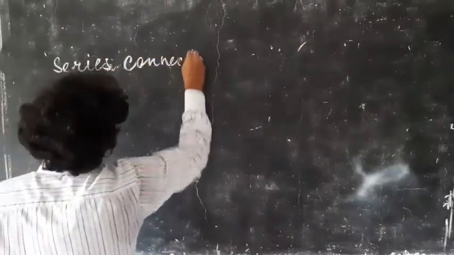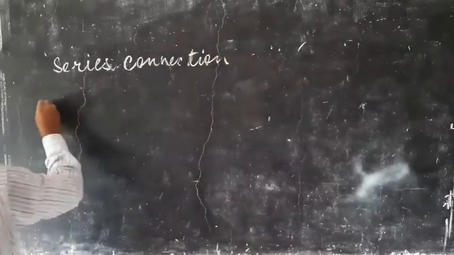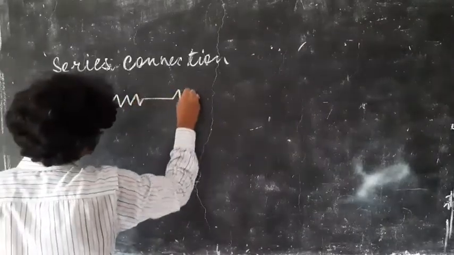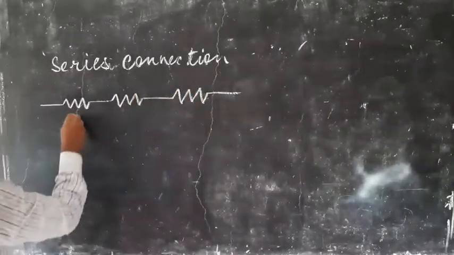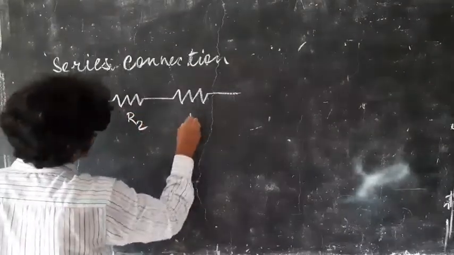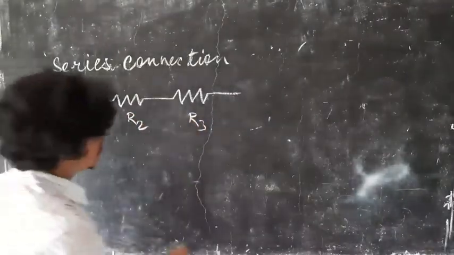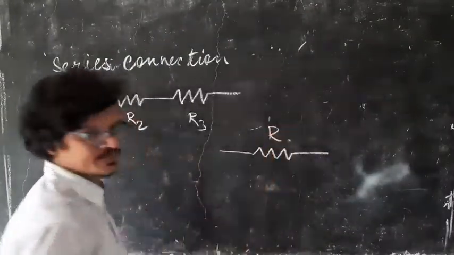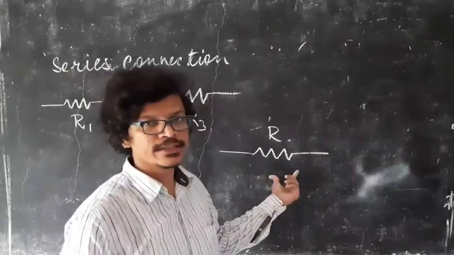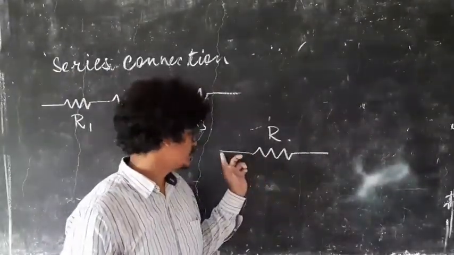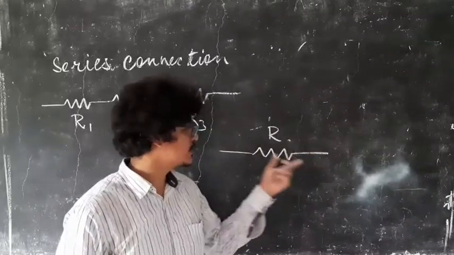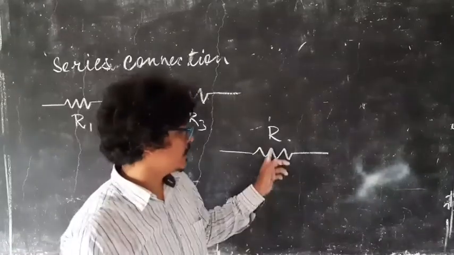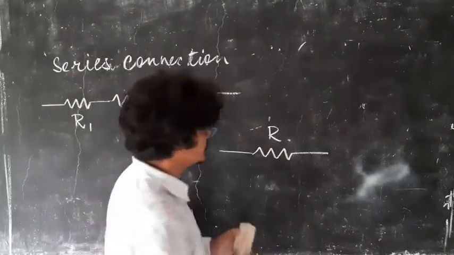Series connection. R1, R2, R3. If this is a resistance, resistance has two legs, this part and this part. Whenever two resistances are connected in such a way that the leg of one resistance is connected to the leg of the other resistance.